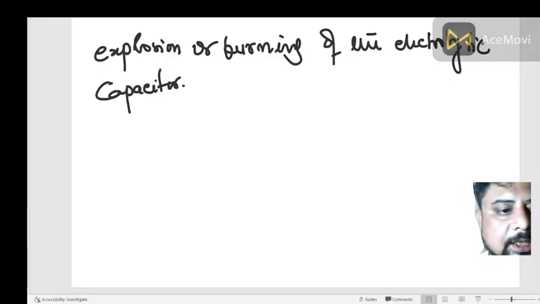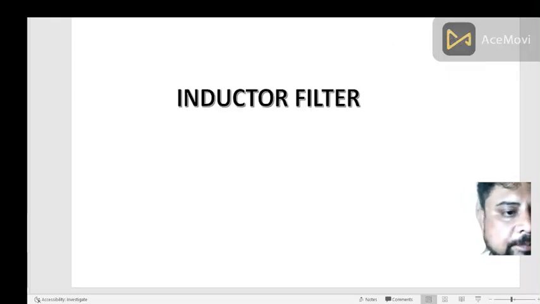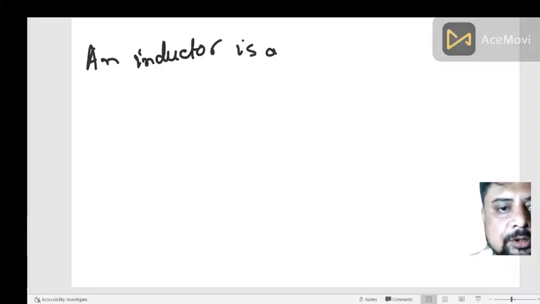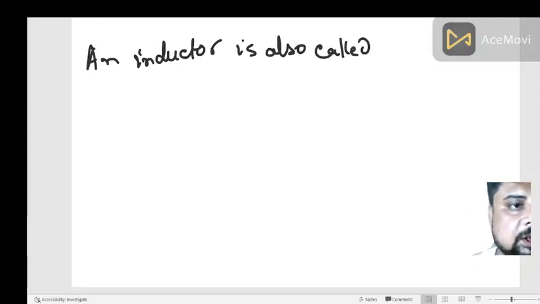So this is all about the capacitor filter. The next type of filter that we are going to discuss is the inductor filter. Now what happens in an inductor filter? First let me tell you the basic physics.